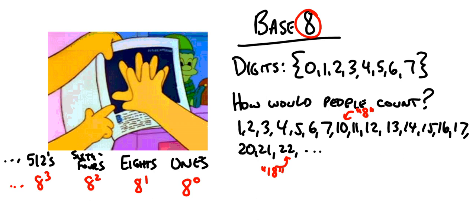So when a Simpson writes the number 2020 in base 8, they mean two groups of 512 and two groups of 8. So they mean something different when they write this number in base 8 than we do when we write the number in base 10.